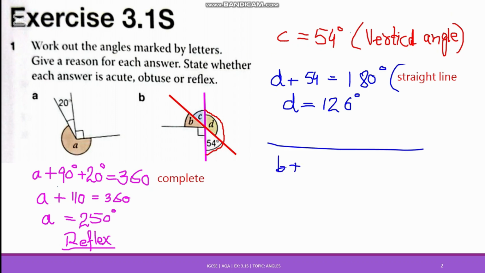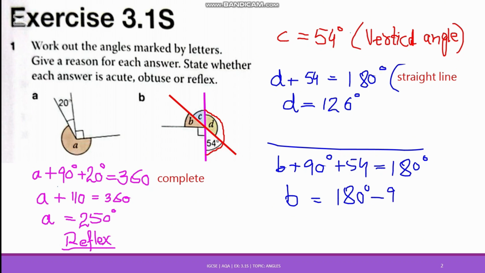On the left side, we will add all the angles, B and 90 degrees and 54 degrees, and equate them to 180 degrees. After simple calculations, we subtract all the angles from 180 degrees to figure out the size of B. So we'll get B as 36 degrees.